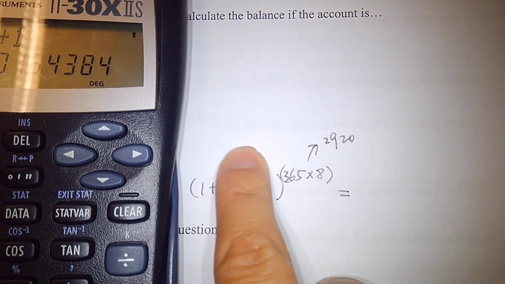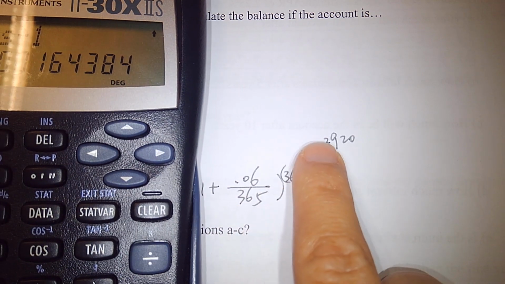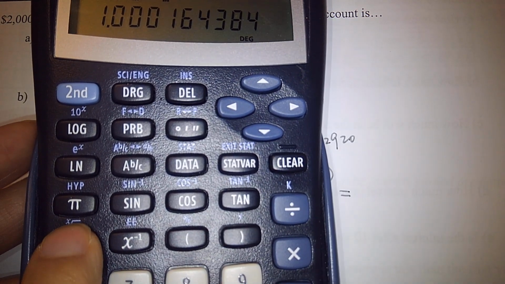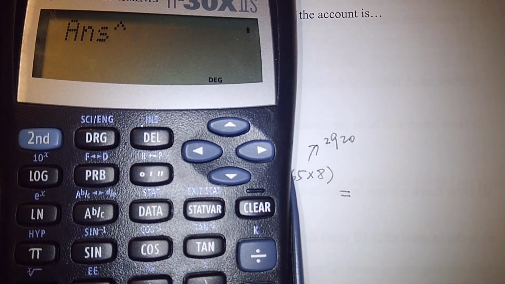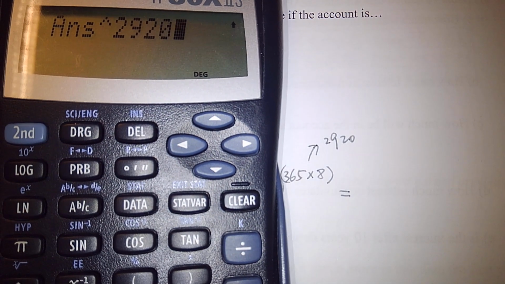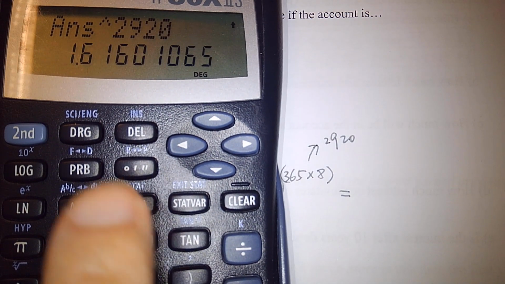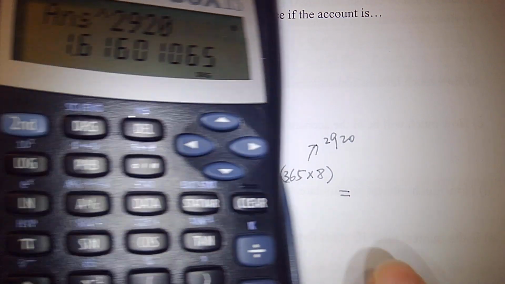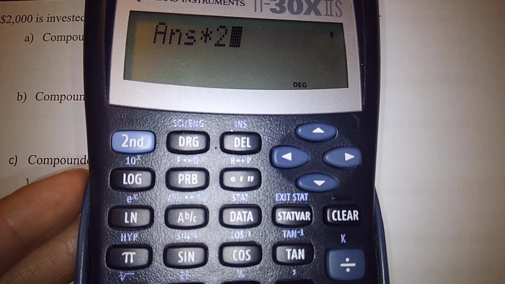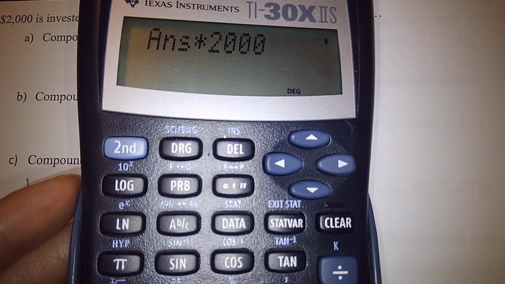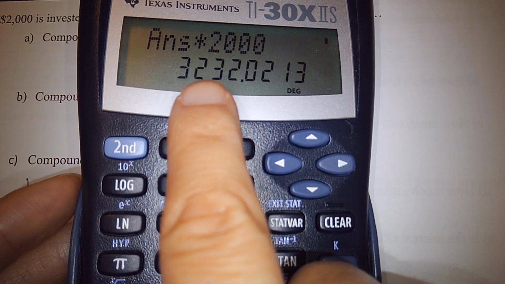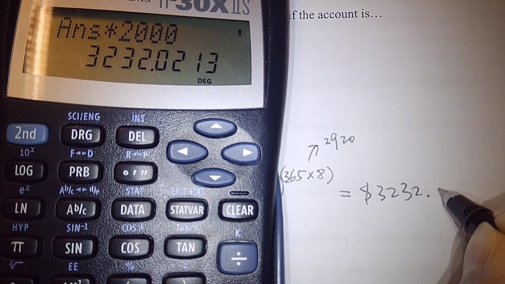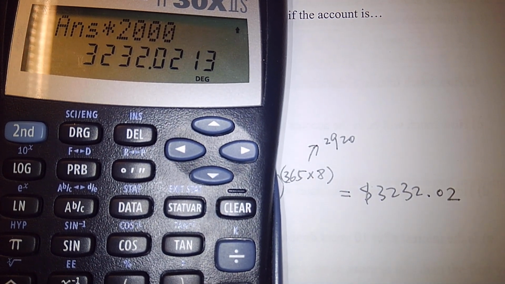This is the result from the parentheses to the 2,920th power. That gives us this number, and then eventually multiply the result by 2,000. The answer is 3232.02. Right?